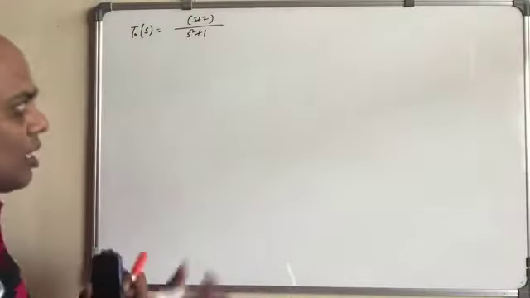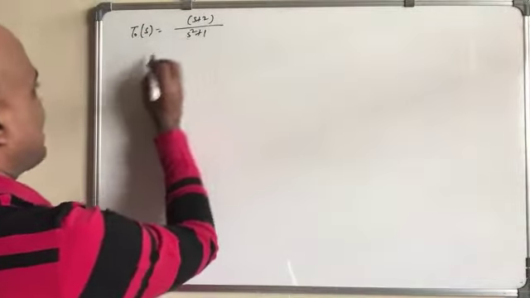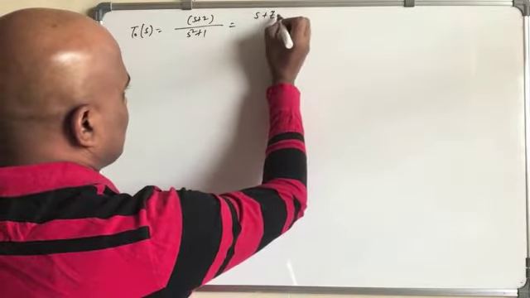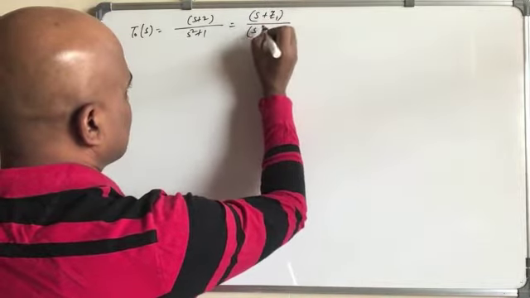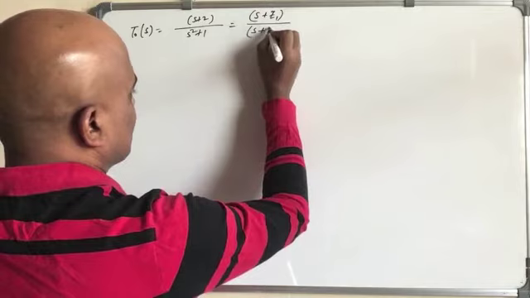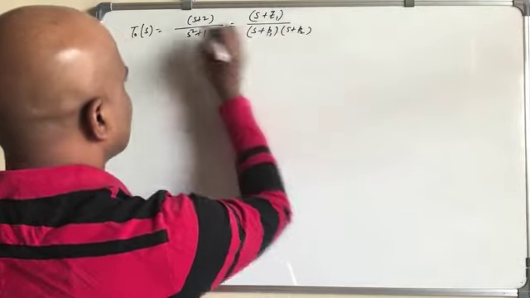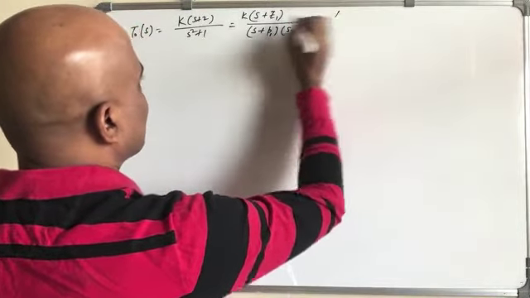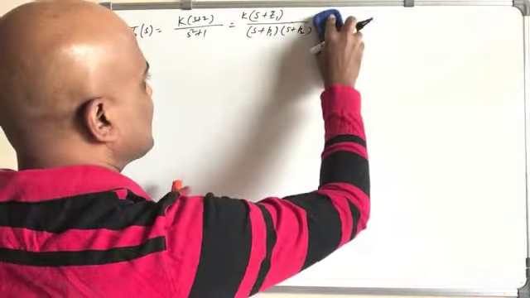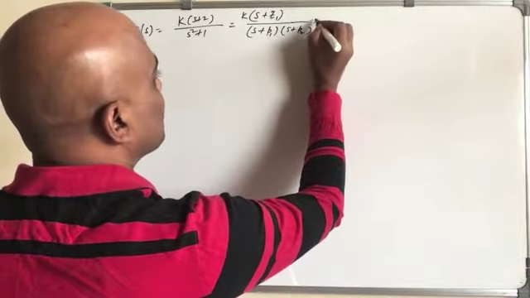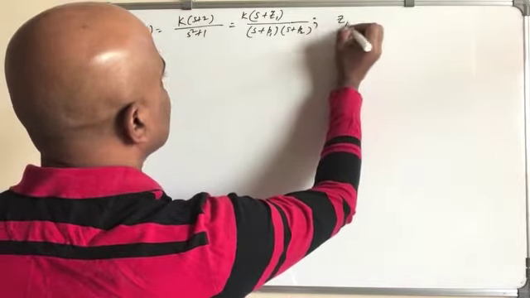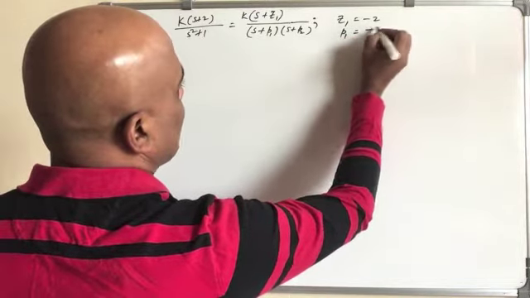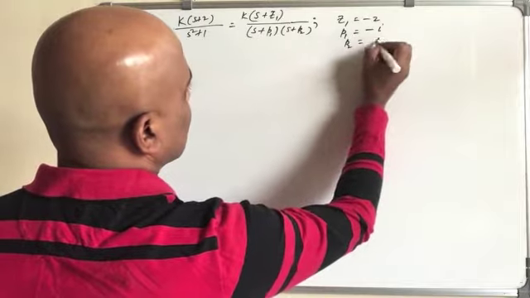So if we write it in the form k times (s plus z1) divided by (s plus p1)(s plus p2), and solve it, we find that z1 equal to minus 2, p1 equal to minus i and p2 equal to plus i.